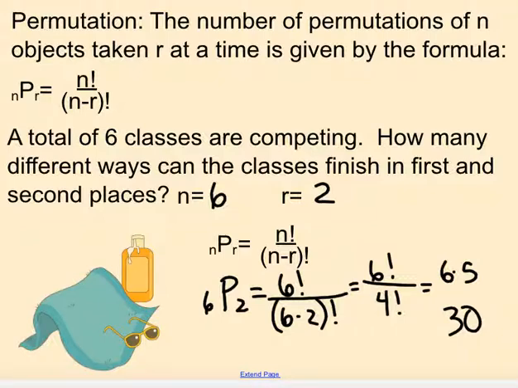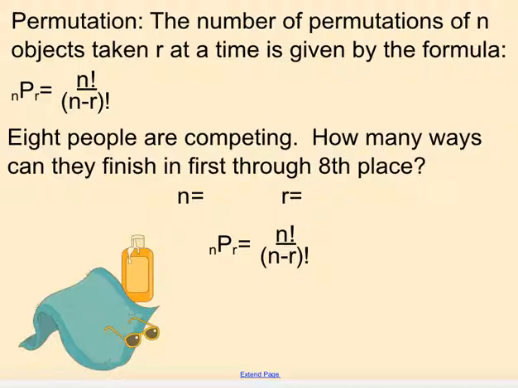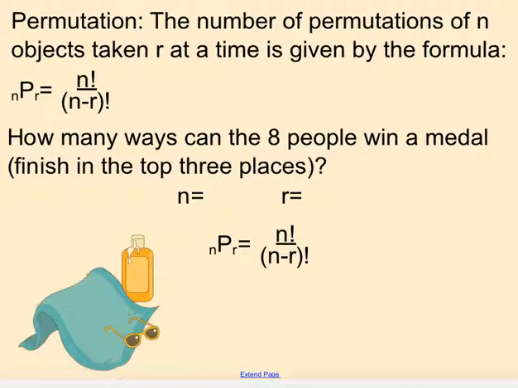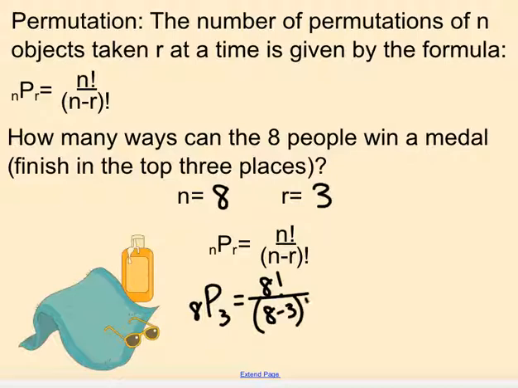Okay. And once again, 8 people are competing. How many ways can they finish 1st through 8th? I'm going to skip this one. It's just like the 6 classes getting 1st through 6th place. So now that we have those 8 people, how could we arrange them to win the top 3 prizes? So 8 people, only 3 places, so we say 8 permutation 3 is equal to 8 factorial over 8 minus 3 factorial.